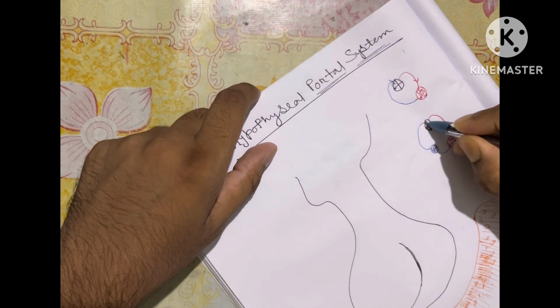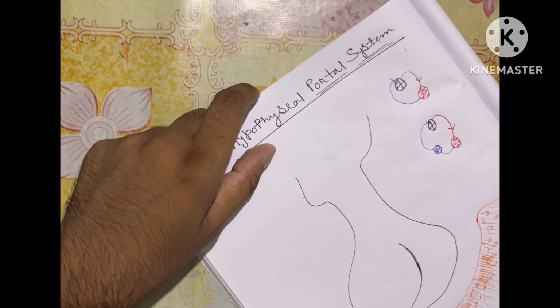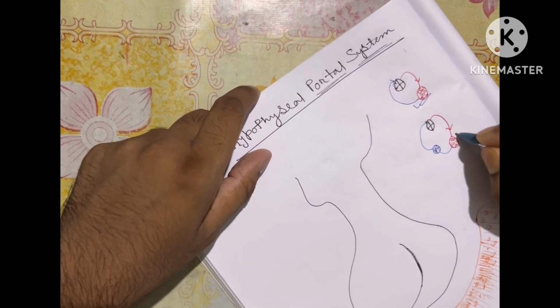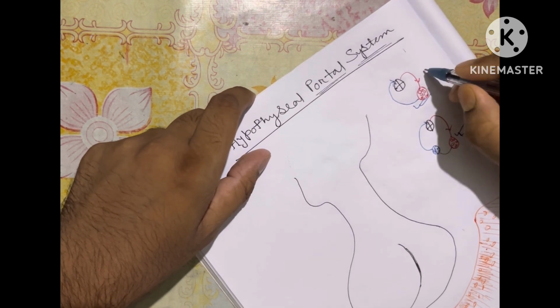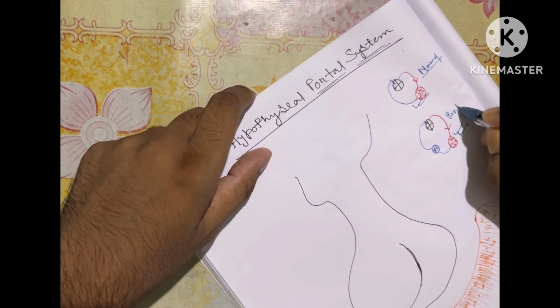Then through a vein it goes back and enters the heart. So this is the normal circulation and this is the portal system.